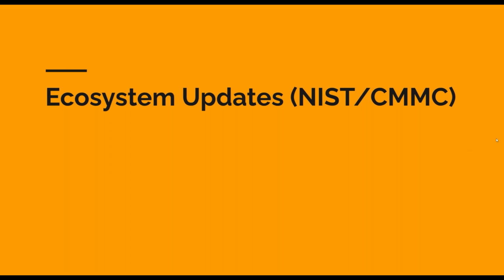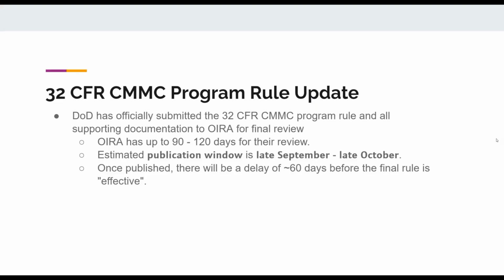Of course, there have been some ecosystem updates, namely around NIST and CMMC. I'm sure a lot of you, or if not all of you, have seen this already. But there are some major shifts occurring with both the 32 CFR CMMC program rule update and then the 48 CFR.